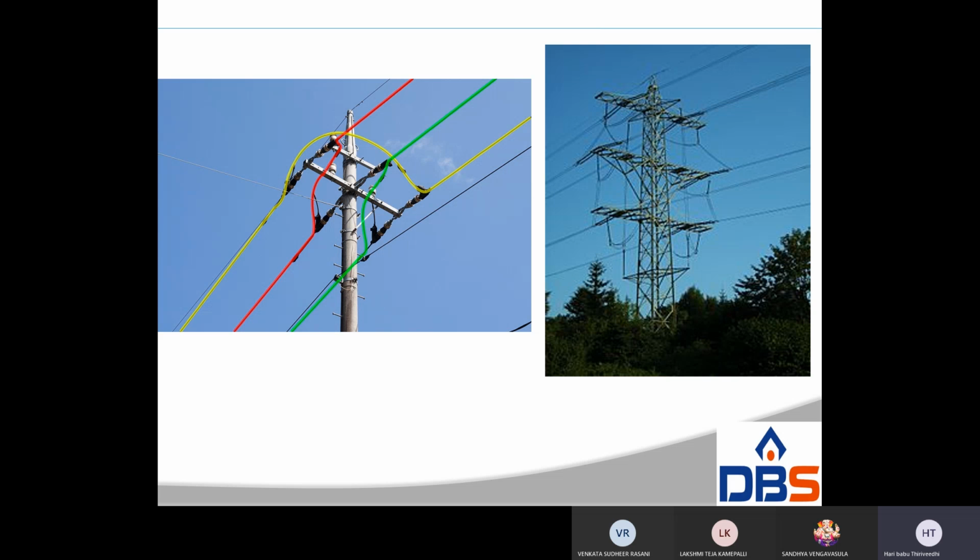To reduce that, we have to transpose the positions of conductors. So 1, 3, 2, 1, 3, 2, and after some distance 1 2 3, 3 2 1, 2 3 1, like that. So high voltage transposition lines.